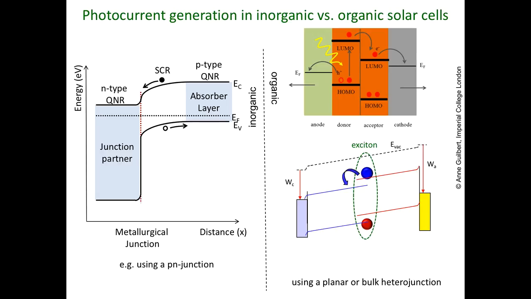So in inorganics, you have this significant band bending to drive and separate electron hole pairs. In organics, your band alignment is such that you have hole selective layers and electron selective layers to separate those pairs, and then your external contacts.